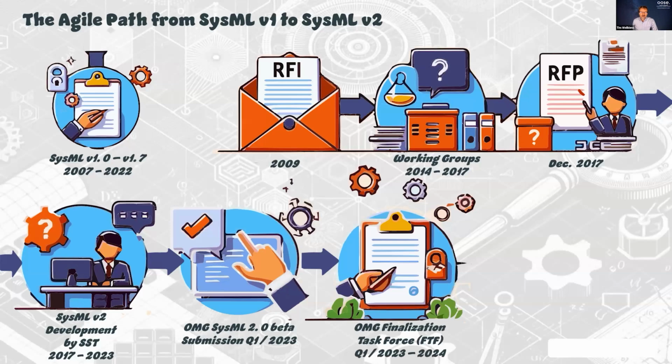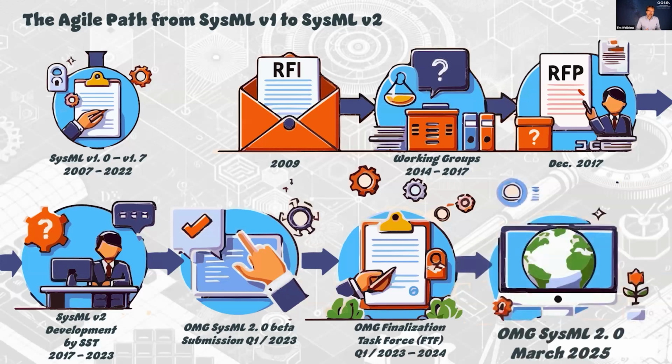And well, an FTF can run for 2 years, and well, they will run for 2 years. So it's planned to finally submit SysML v2 in March 2025. And then SysML v2 is officially published.